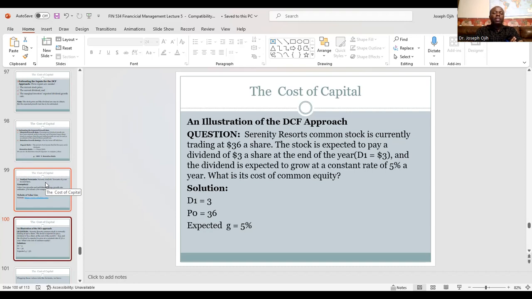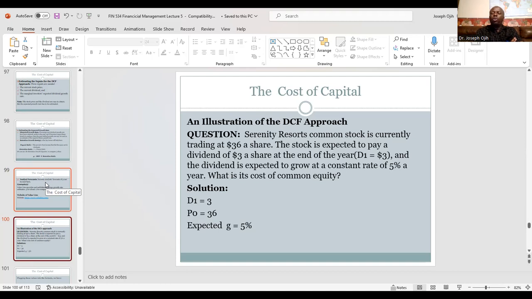The question says, Serenity Resorts' common stock is currently trading at $36 per share. The stock is expected to pay a dividend of $3 per share at the end of the year, and the dividend is expected to grow at a constant rate of 5% a year.